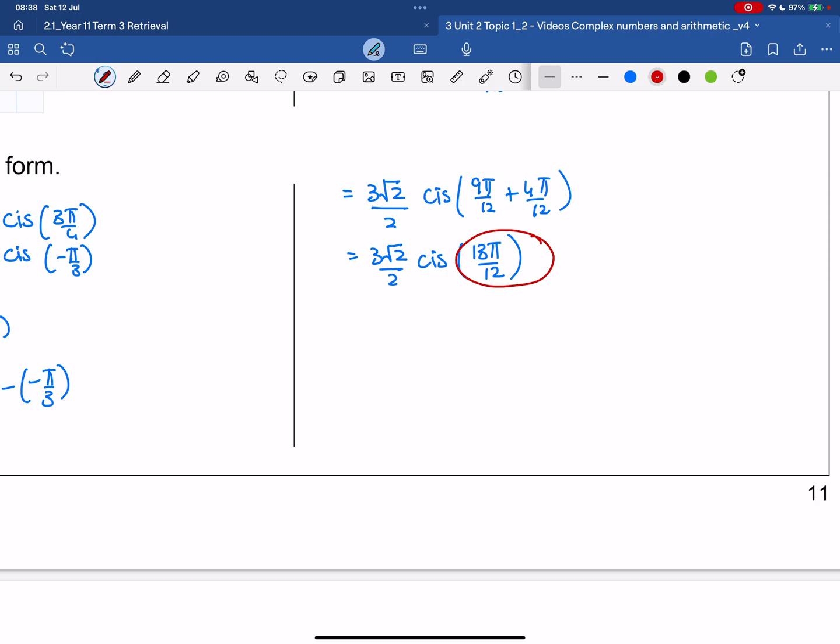That's bigger than pi. So that's not in my domain from negative pi to pi. So I need to turn that into a principal argument. So 13 pi on 12 is the same as negative 11 pi on 12. So it becomes 3 root 2 on 2 cis of negative 11 pi on 12.